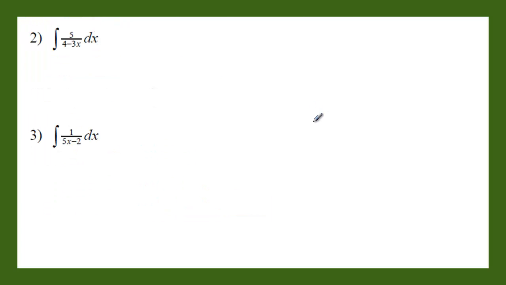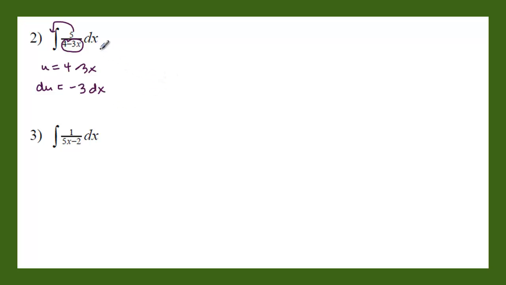Here we have example 2, and again we have a fraction for our integrand. We notice we have a constant in the numerator again, so that can come out to the front. Left over we have 4 minus 3x, which we're going to let be our u function. So du is the derivative of that, which is minus 3 times dx.